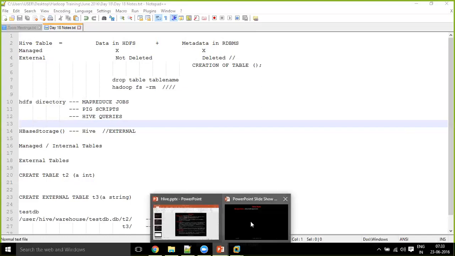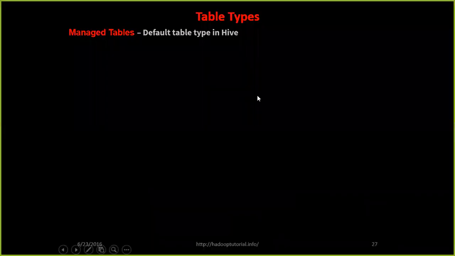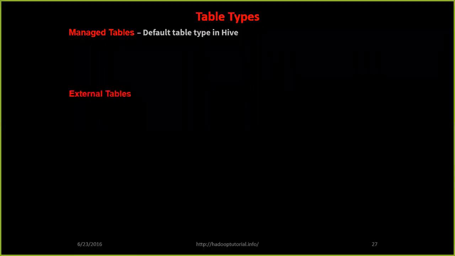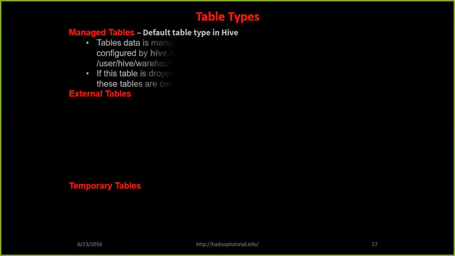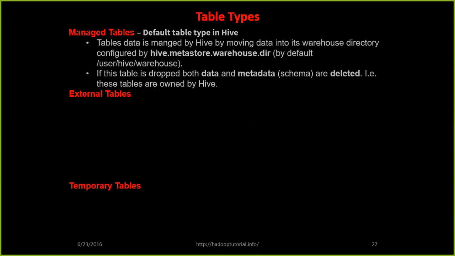Next, let me move on with the next topics. So default type, external tables, and temporary tables are just active for that session. Once you come out of the Hive shell, they will be lost. Table data is managed by Hive by moving data into its warehouse directory if you don't provide the location.